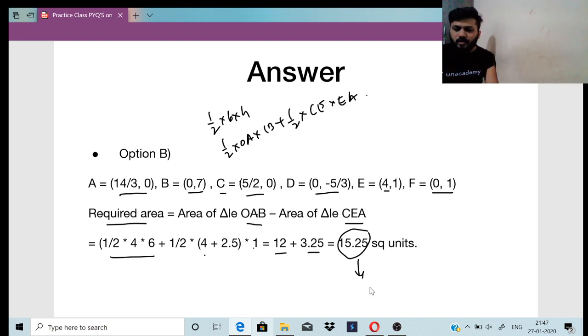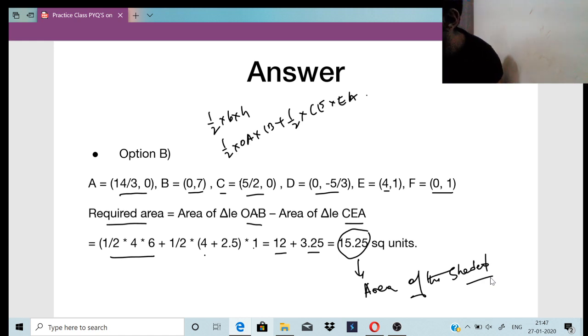You will get 15.25 as the area of the shaded part. Clear everyone? Any doubts in this question? Shall I move on to the next one?